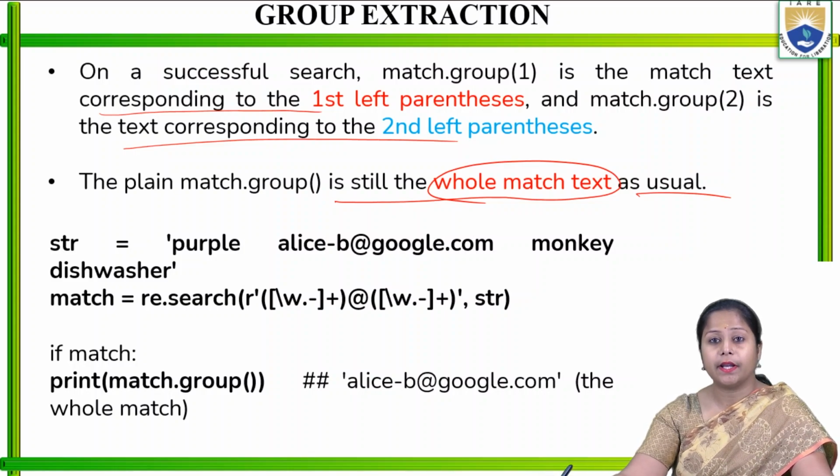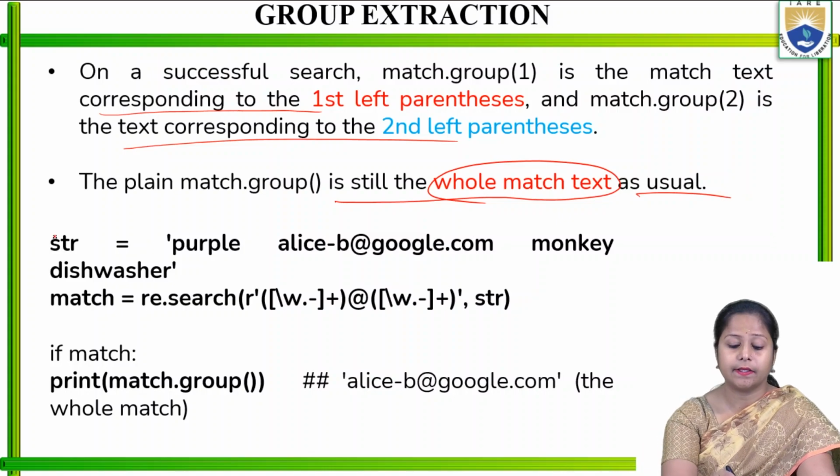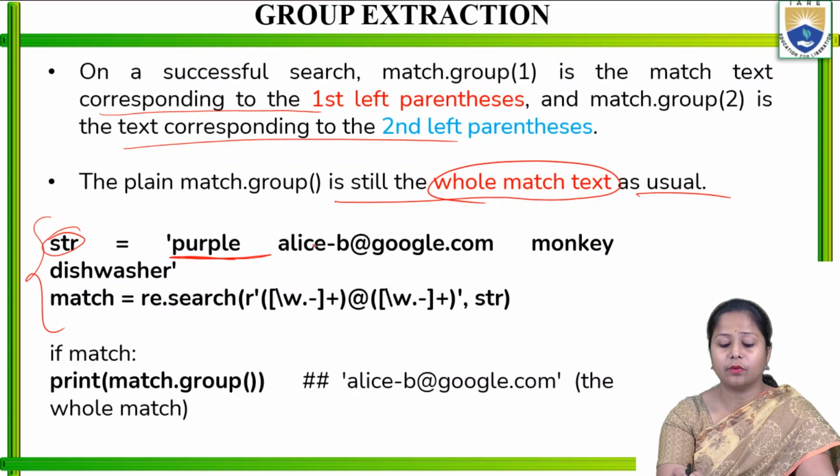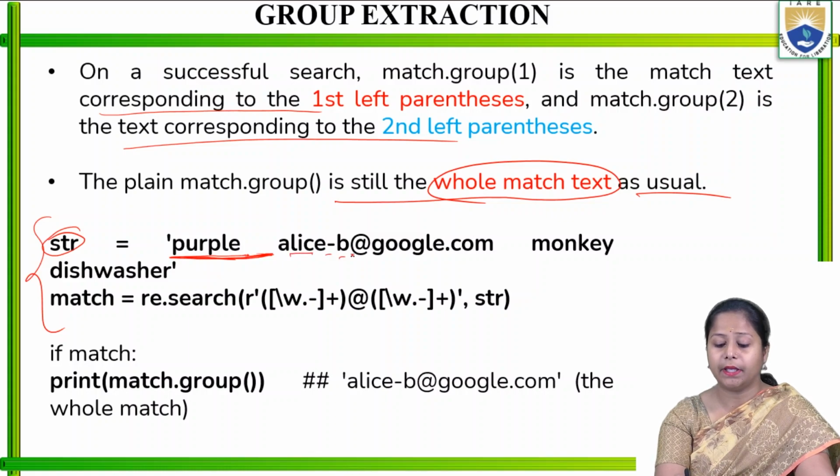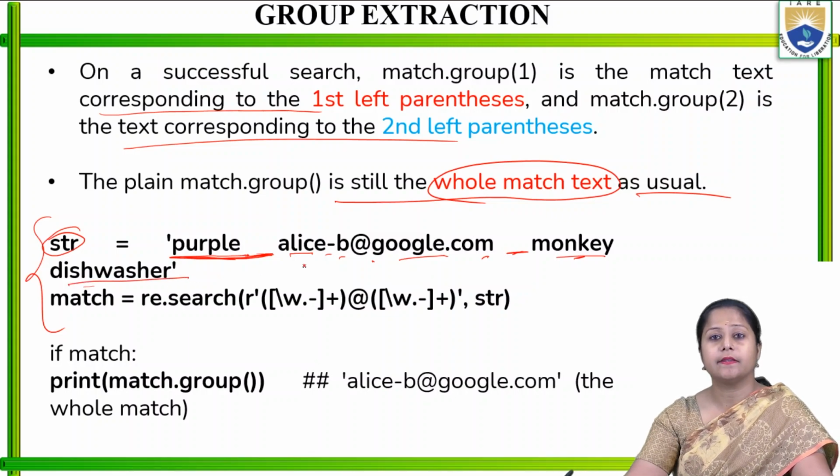Now I will write the syntax: str equals the variable we have declared. In single quotes, I write purple alice-b@google.com monkey dishwater, and close the single quotes.